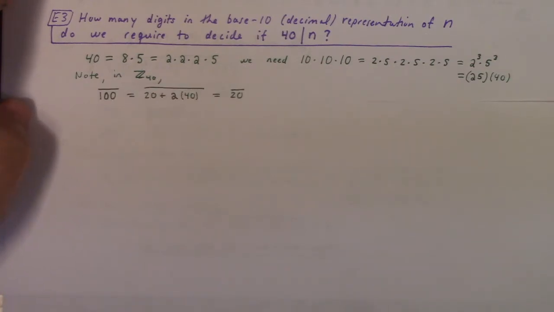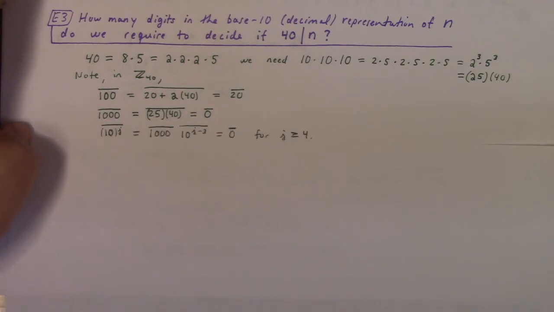So in order to decide divisibility by 40, I'm going to look at Z40, right? So notice that 100 is 20 bar in Z40, but 1,000 is 0 bar. And 10 to the j, in fact, is 0 bar for j greater than or equal to 4. And that's pretty much it.